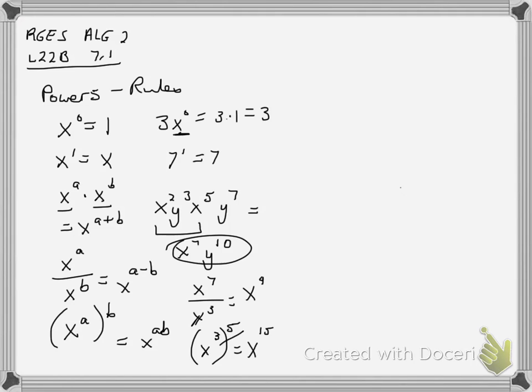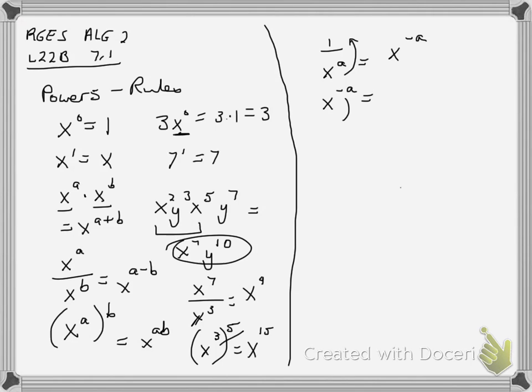A little bit more review. If we had 1 over x to the a, that is the same as taking it across the division line with a negative exponent. And we can flip that in reverse. If we had x to the negative a, that is the same as making it a positive exponent down below.